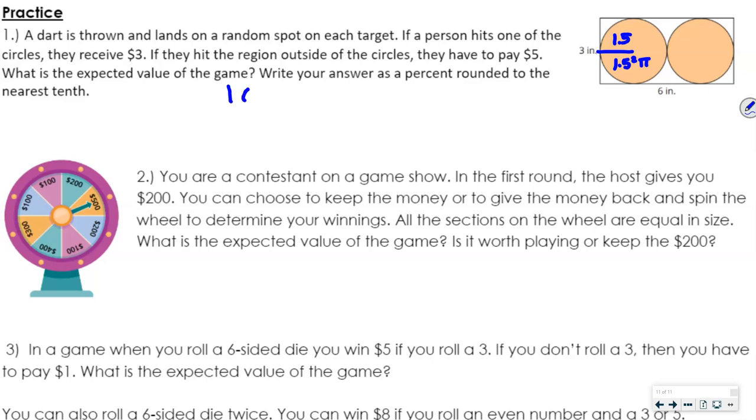So one circle would be equal to 1.5 squared times pi, so that's going to be 2.25 pi. And there's 2 of those, right? So let's just multiply that by 2. That's going to give us 4.5 pi. And then we multiply that by pi, that's going to be 14.14, yes? Okay? So that's for the circles.